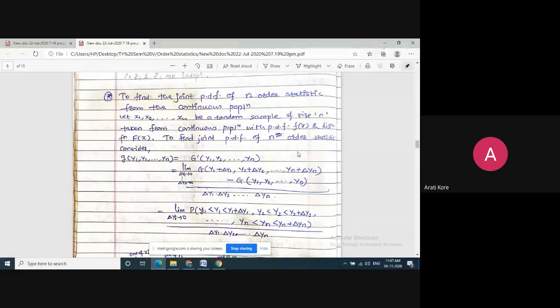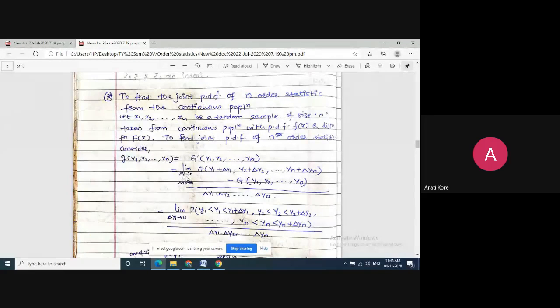Same steps I'm going to follow now, but instead of two variables, now we have n variables, right? So I'm taking the limit over delta y1 tends to 0, delta y2 tends to 0, up to delta yn tends to 0. Why am I using the delta notation? Because if you remember, in earlier cases, I used h tends to 0, k tends to 0. But now I have n variables at a time, and I cannot write y1 tends to 0, y2 tends to 0.